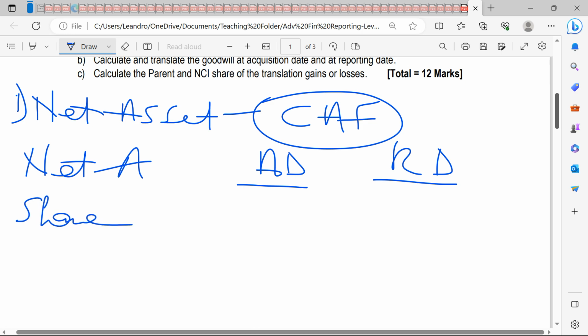So you have your share capital, retained earning, fair value adjustment, and a depreciation. This is your format, and it is in the functional currency of the subsidiary. It is very important.